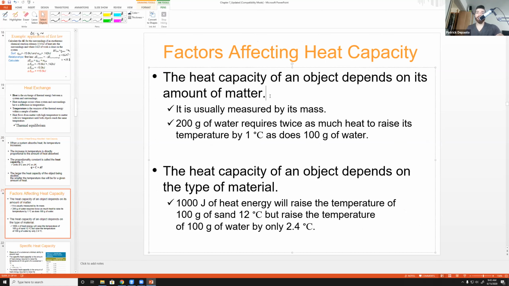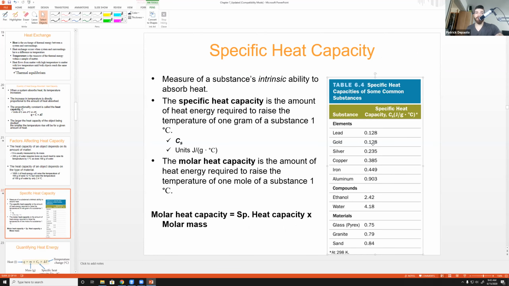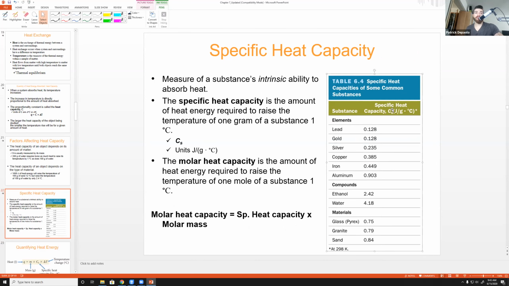Of a substance, the constant depends on literally what the object is, the type of material. Whether it's water, sand, rocks, or aluminum, it's all different. And there's a table right here of the specific heat capacity for different elements and compounds. So water you see is the highest, 4.18. And there are things higher than water, but water is generally very high in comparison to different metals and other things in the periodic table.